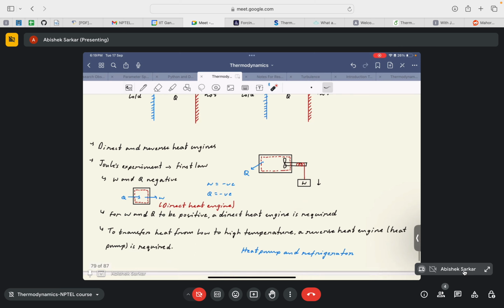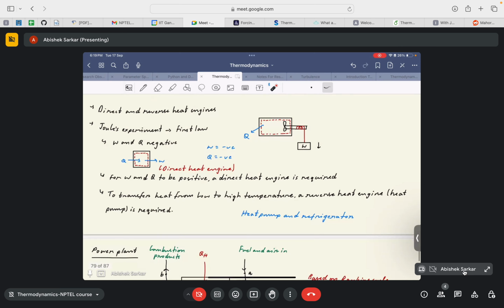Okay, so let us take an example. In the case of Joule's experiment, as was discussed by Professor Anand in the lectures, both the heat and work interactions are negative. Why? Because if the weight goes down, it rotates the propeller within the system, which does work on the system.